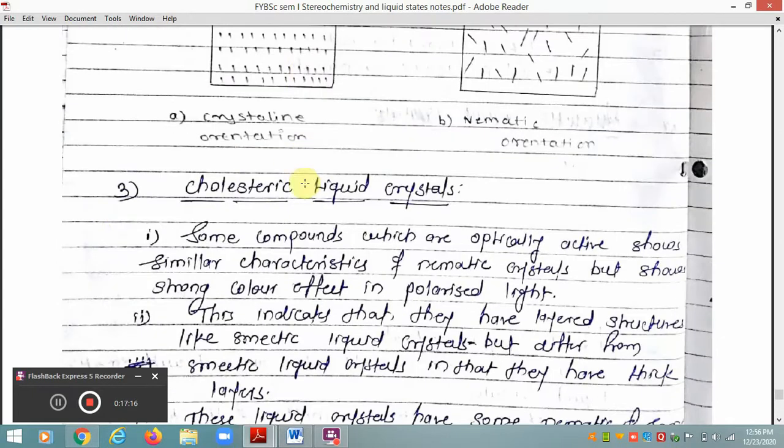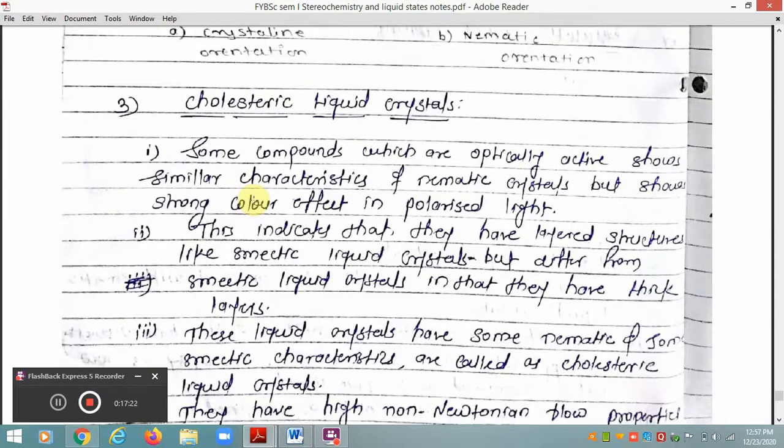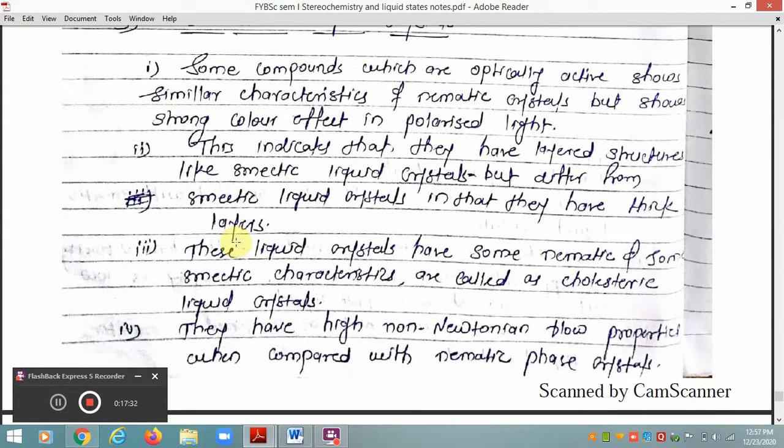The third type of liquid crystal is called the cholesteric liquid crystal. Some compounds which are optically active show similar characteristics to nematic liquid crystals, but show a strong colored effect in polarized light, and this indicates that they have a layered structure like smectic liquid crystals, but differ from smectic liquid crystals in that they have thick layers.